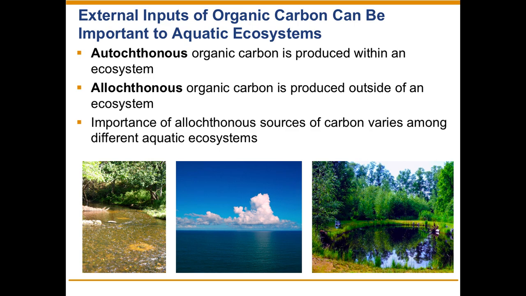We pool these as autochthonous carbon, which is any carbon that is derived within the system. Allochthonous is any organic carbon that comes in from a different source. And the relative importance of these differs between different habitats, and also between different seasons. It's determined by the characteristics of the environment. What we see in terms of allochthonous and autochthonous energy entering a river is very different to a marine environment or a pond or small lake.